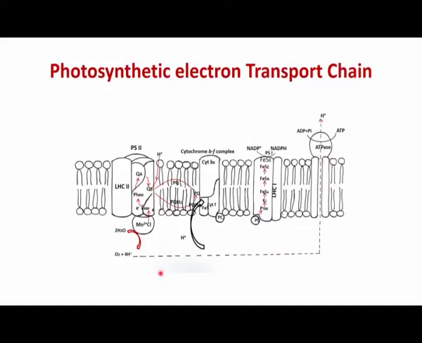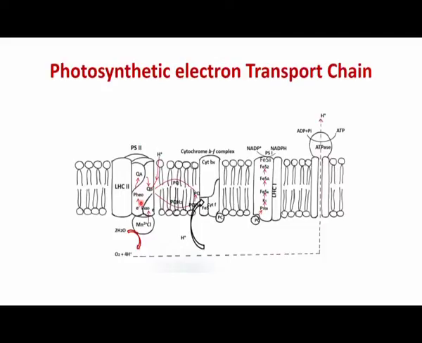The electron then enters into P680, the chlorophyll-containing center, and then from P680 it is accepted by another electron acceptor known as pheophytin, and pheophytin has an identical structure to chlorophyll A, except that pheophytin does not contain the magnesium within the center.